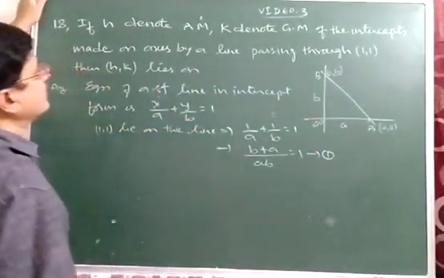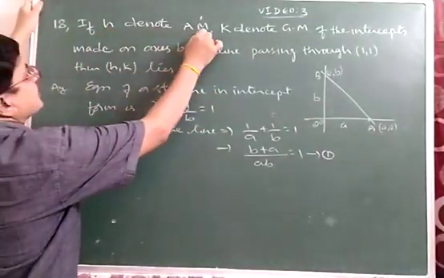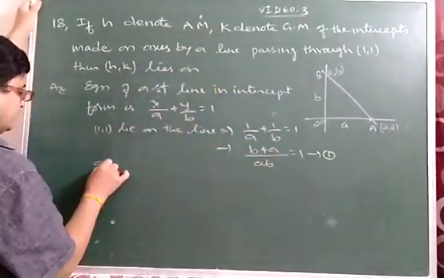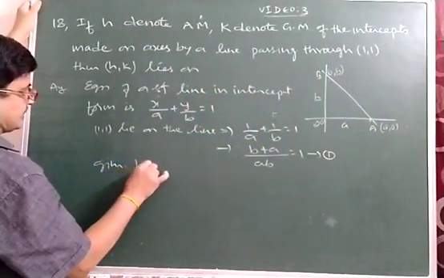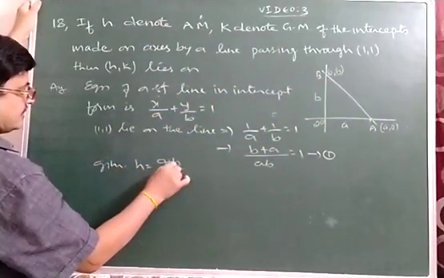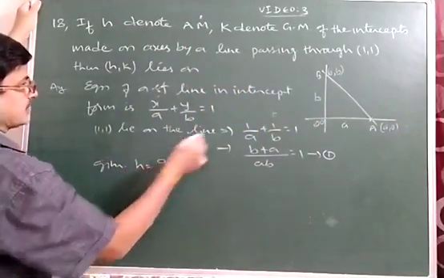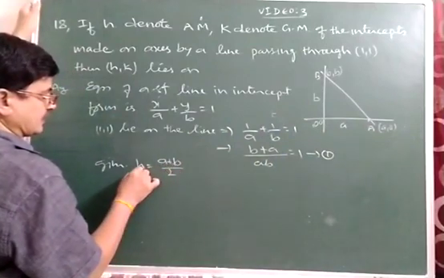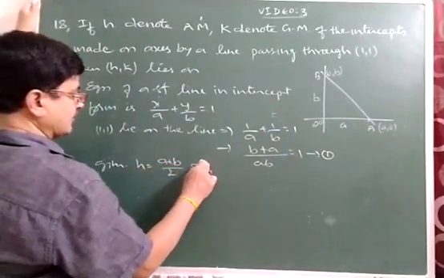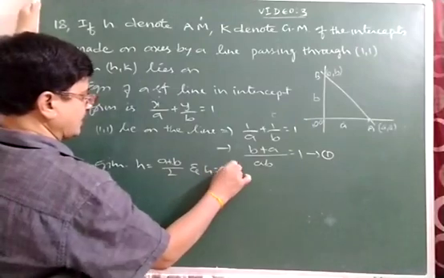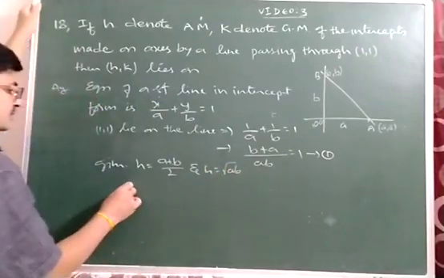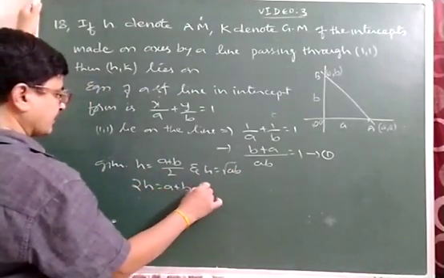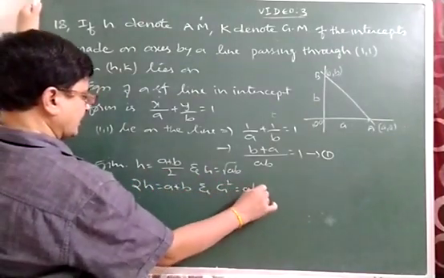Now, given h is the arithmetic mean of the intercepts, h is equal to (a plus b) by 2, since h is the arithmetic mean of the x intercept and y intercept. And k is the geometric mean, that means k is equal to root of ab. So 2h is equal to a plus b and k square is equal to ab.